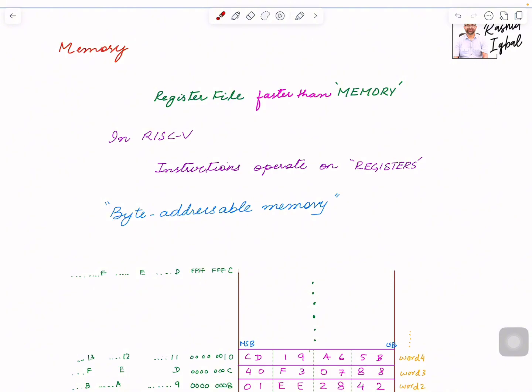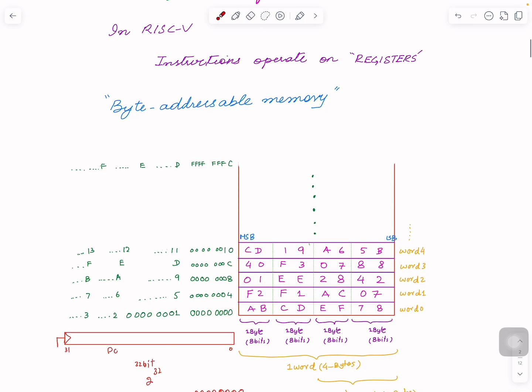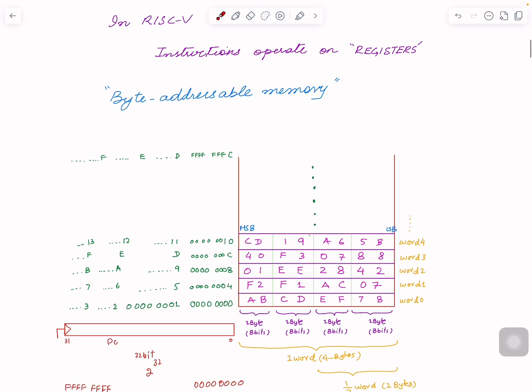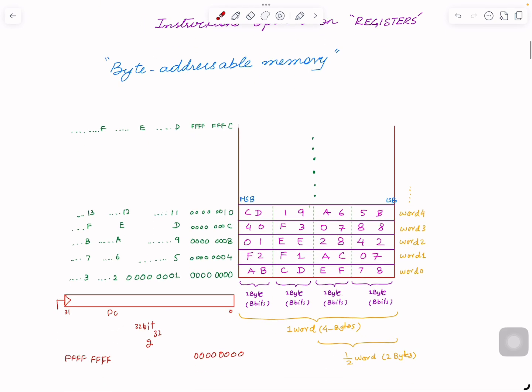Our program counter, which keeps the address of the memory, is 32 bits. So when it's 32 bits, the number of unique locations you can access is 2 raised to the power 32. If you think of hexadecimal, each digit is 4 bits, so in total we have 8 digits.